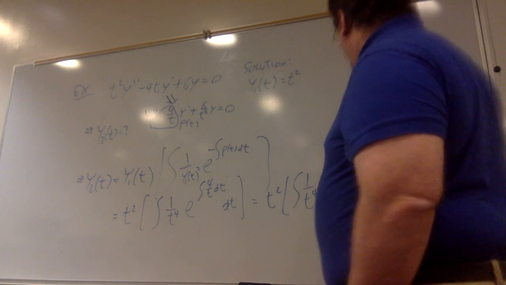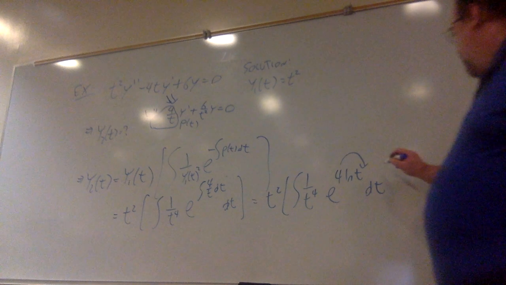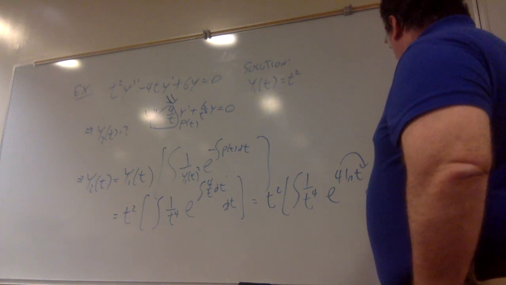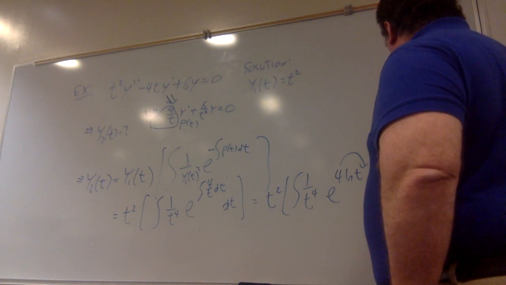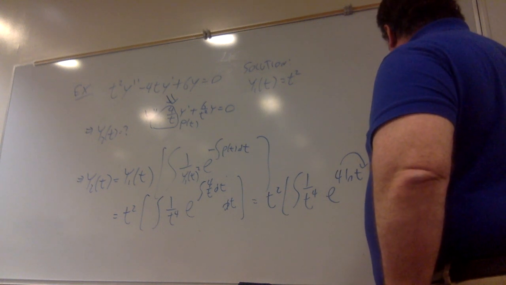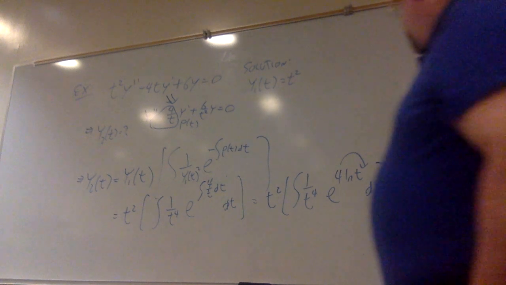So that's the same as e to the log t to the fourth. The e and the log cancel. So I have t squared times the integral of 1 over t to the fourth times t to the fourth, and those cancel. This happens a lot in these problems. You get a lot of simplification happening.